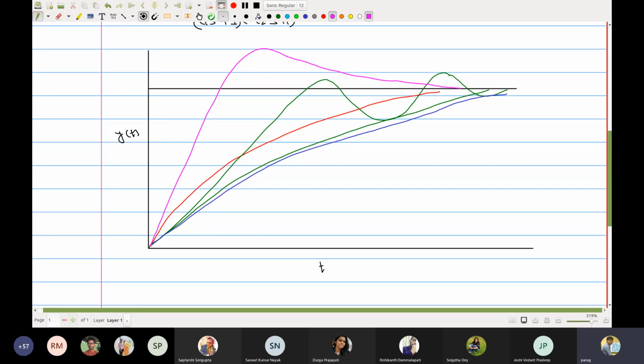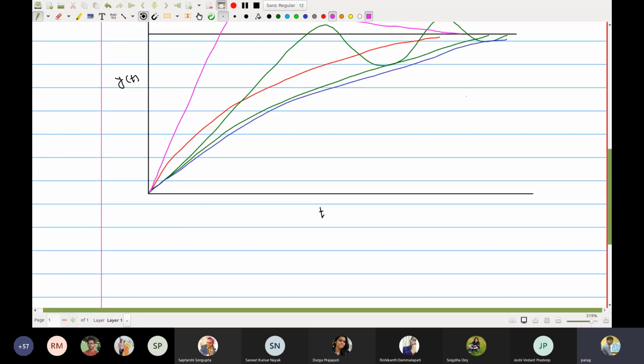So these were the responses of different transfer functions. So why are we analyzing transfer functions? We are analyzing transfer functions because, like the coefficient matrix in state space domain analysis, you can have a look into the transfer function in transform domain analysis and comment upon the dynamics of the system.